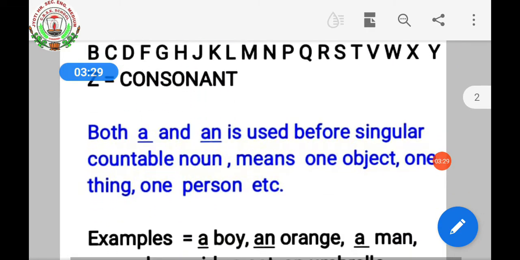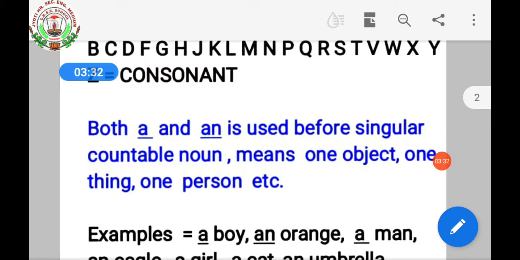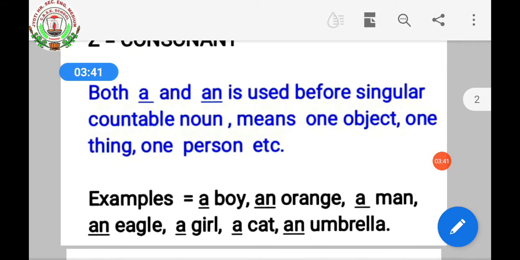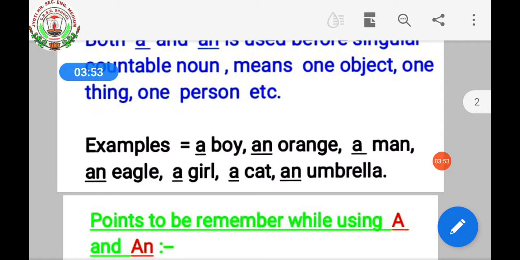Okay. Now see, both a and an are used before a singular countable noun, meaning one object, one thing, one person. When we are talking about any one thing, any one object, any one person, we use a or an there, not for more than one. See the example. A boy. How many boys? Only one boy. An orange. Only one orange. A man. Only one man.